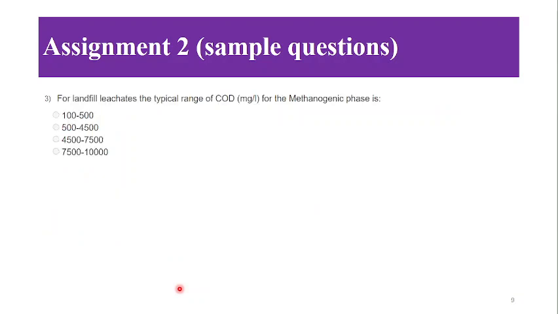The next question is, for landfill leachates, the typical range of COD in milligram per liter for the methanogenic phase. So I'll first discuss with you what the methanogenic phase is. In landfills, so what are landfills? Landfills are the most conventional form of waste management.